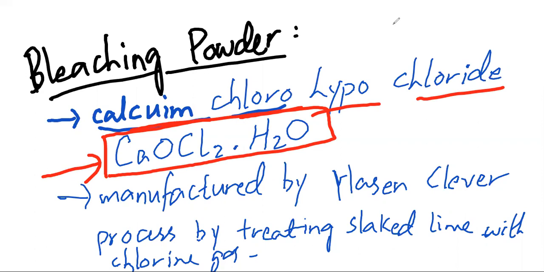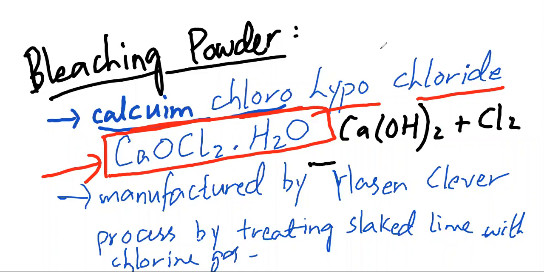Bleaching powder is the commercial name. So how is it manufactured? We manufacture bleaching powder by treating slaked lime with chlorine gas. What is slaked lime? If I write its chemical equation, slaked lime is Ca(OH)2, calcium hydroxide, plus chlorine gas Cl2. It will make bleaching powder, CaOCl2 plus H2O. Okay, so this is the chemical equation for the preparation of bleaching powder.